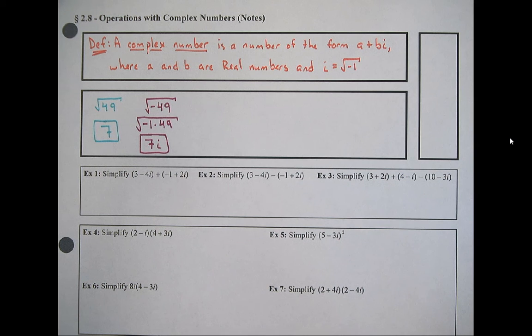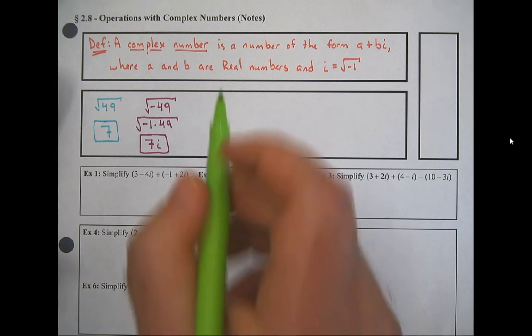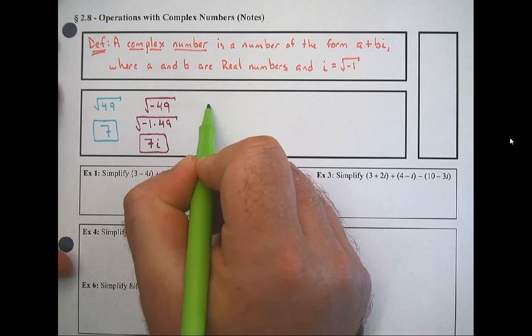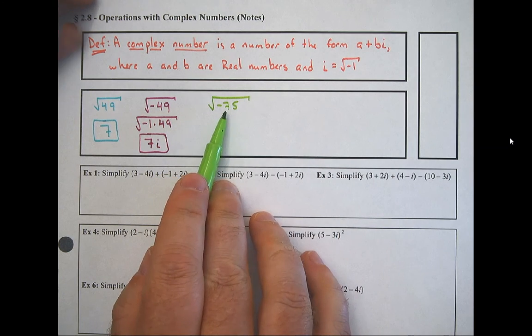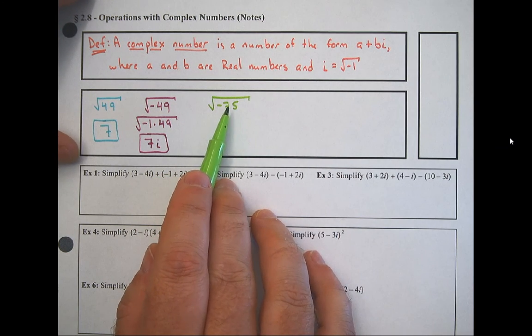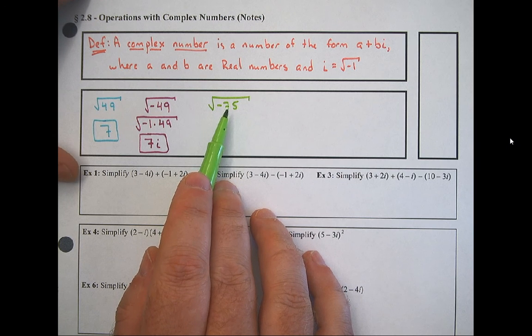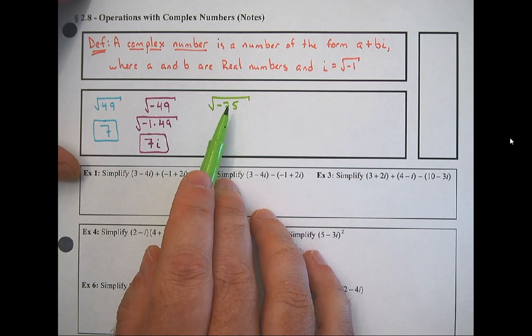So let's break down some numbers that aren't quite as nice. So let's try the square root of negative 75. So right away, 75 isn't a perfect square, so this is where we go back to something else we did at the very beginning of the year, section 0.3, I think, where we simplified roots.